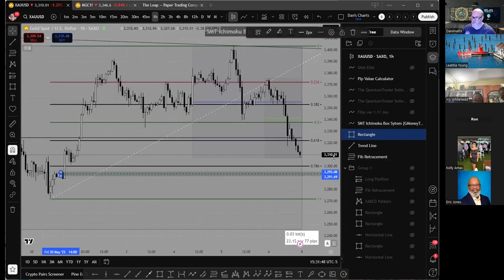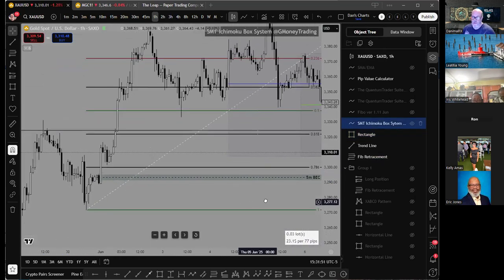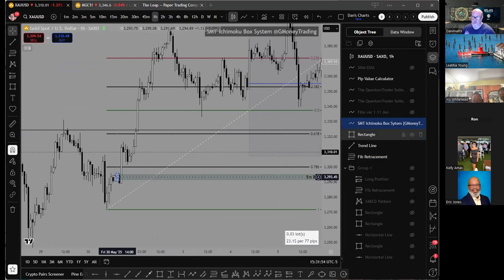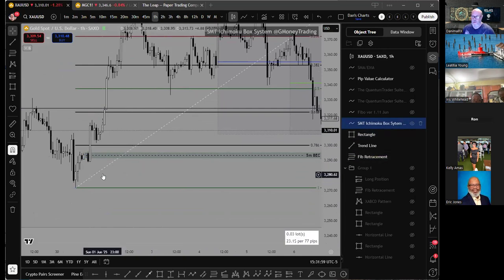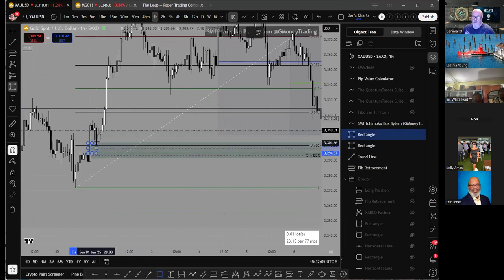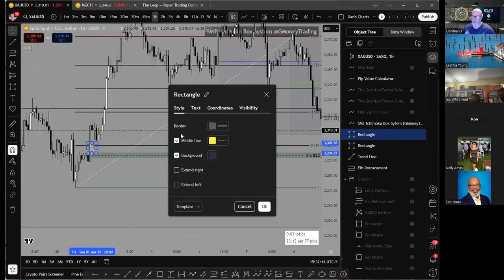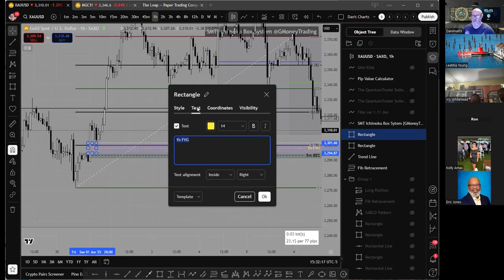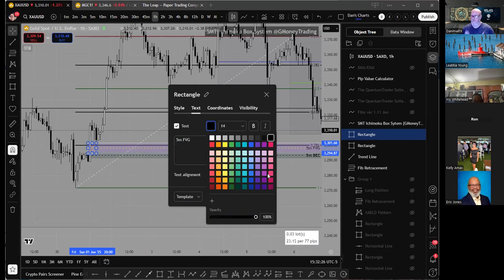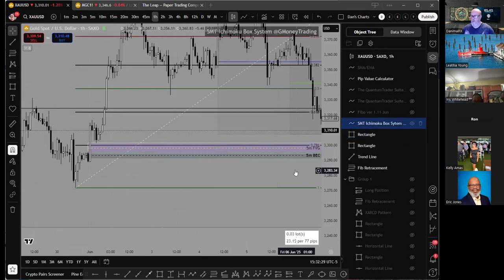That's why I'm saying the 786 is going to be a high level to test, because it's sitting right there in the middle. And if you're into fair value gaps, some people are, you got a fair value gap right here on the 5 minute.